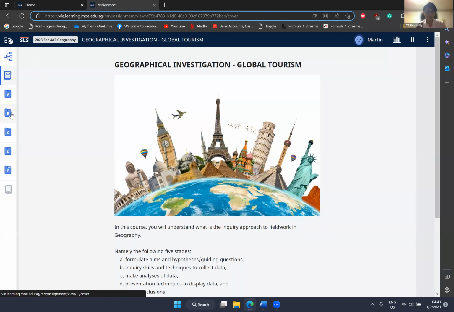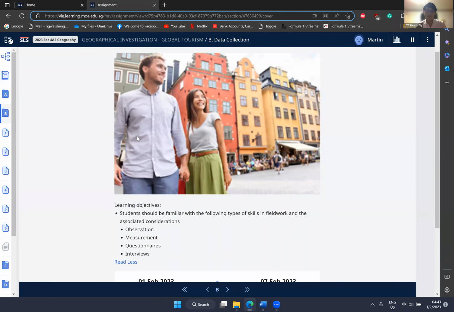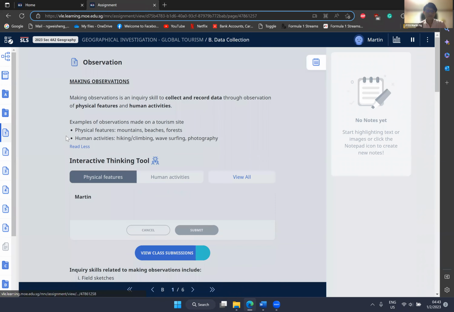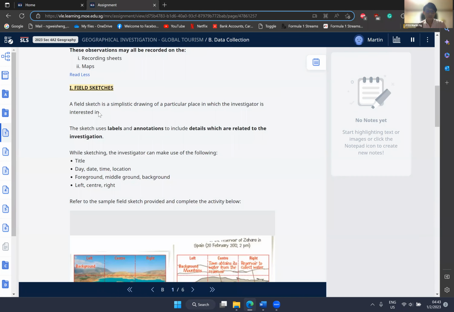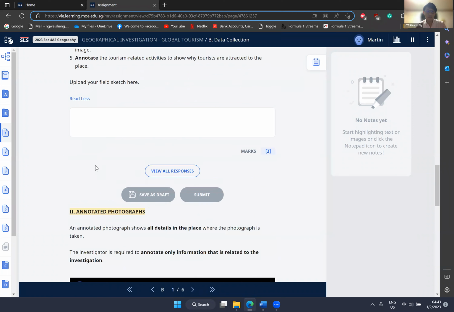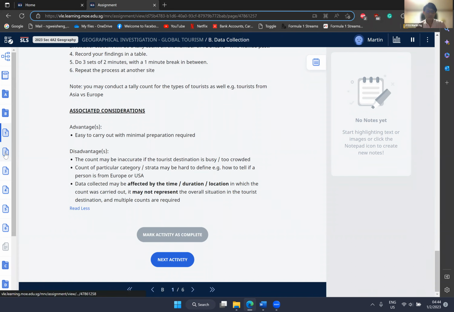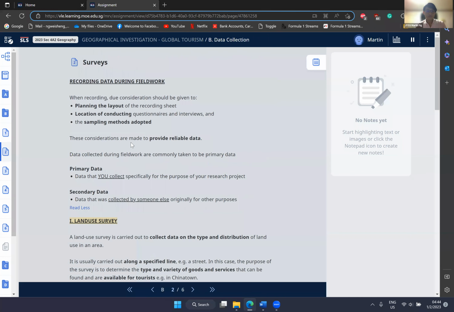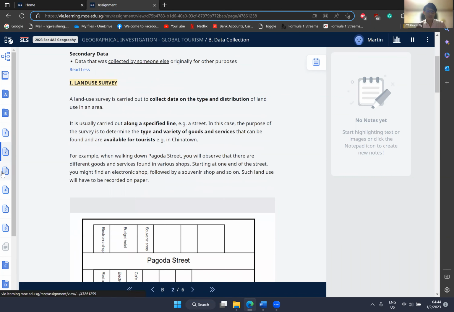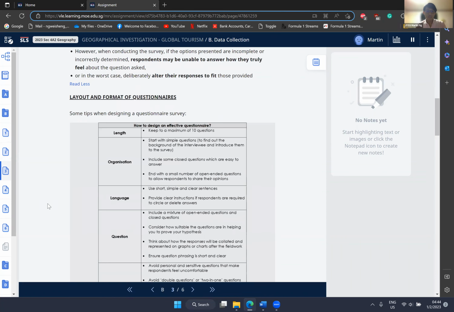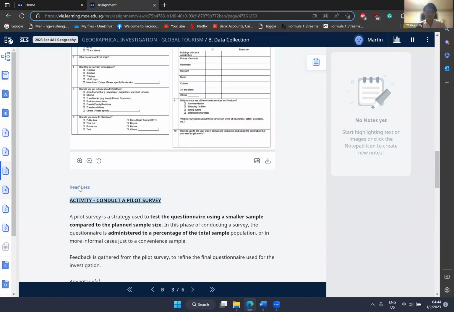okay, let us refer to this. I also can't remember all of them off it, right? So we have our field sketch, our annotated photograph. Okay, then we have our tally counting. Okay, then we have land use survey. Okay, then we have our questionnaires and interviews.